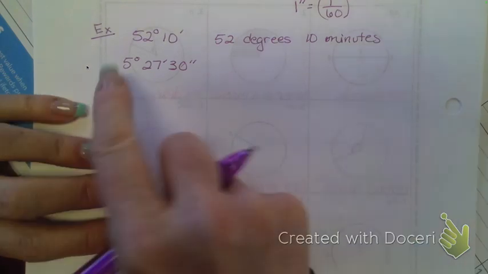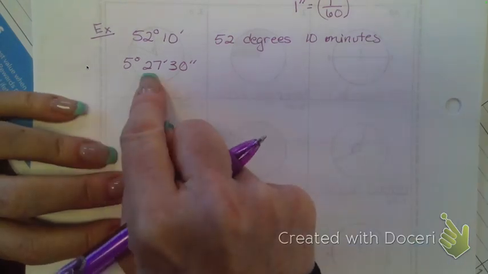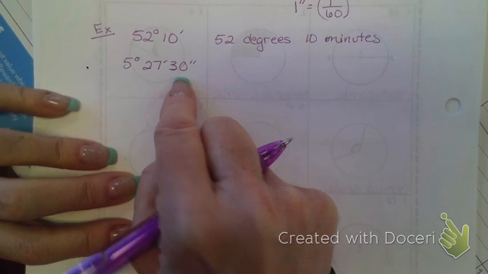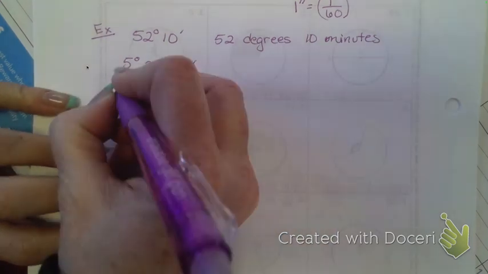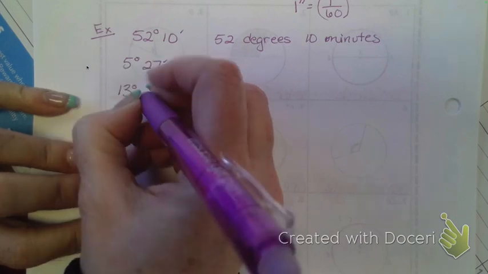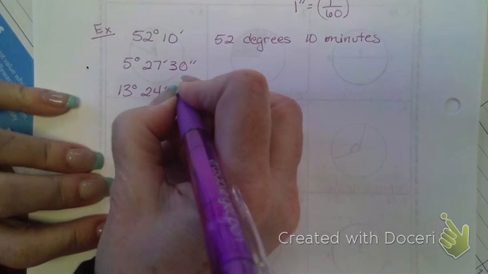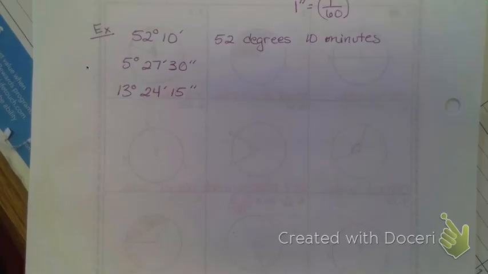Yes. 5 degrees, 27 minutes, 30 seconds. We will convert them into those, but right now I just want you to know what it is. And this one would be 13 degrees, 24 minutes, 15 seconds. Does that make sense to everyone?